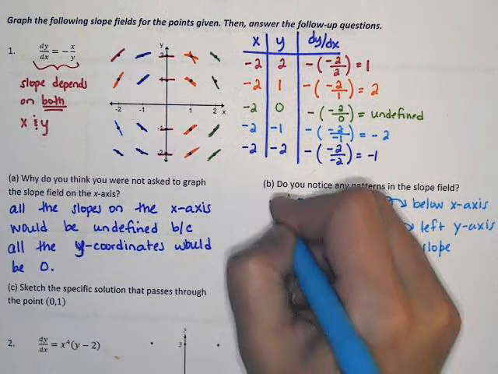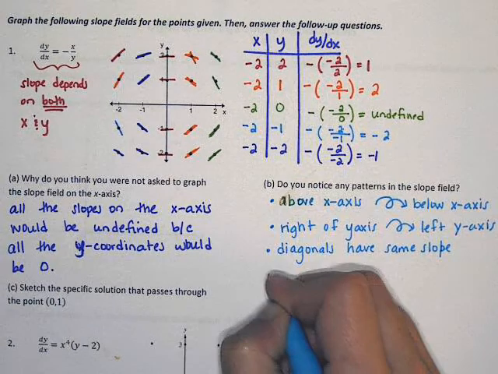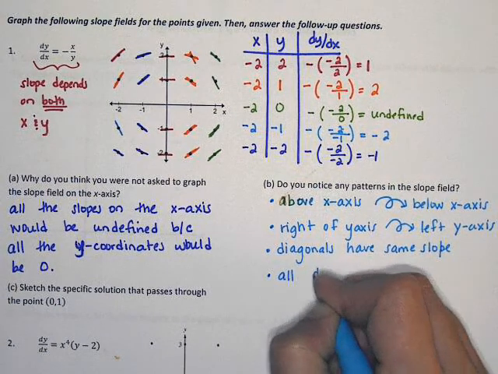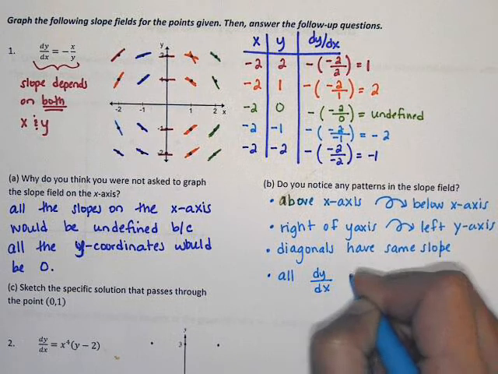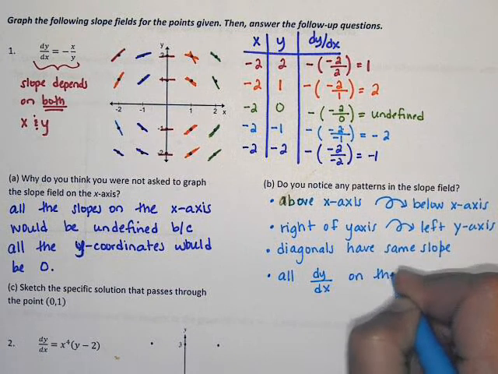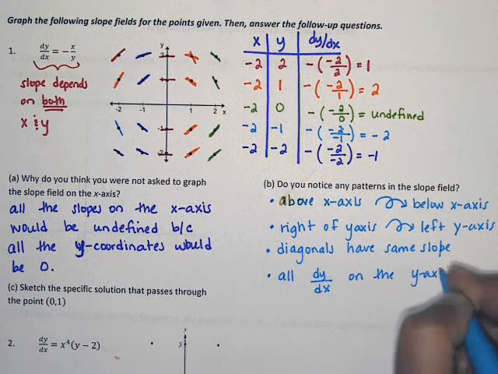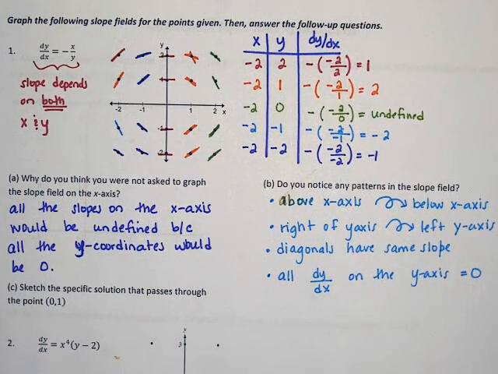I also noticed that all dy/dx on the y-axis are equal to 0 because all the x coordinates of those ordered pairs are 0. So you should be able to stop, and they're never going to ask you about patterns on the AP test or on our test, but this is to help you stop and think that this makes sense.